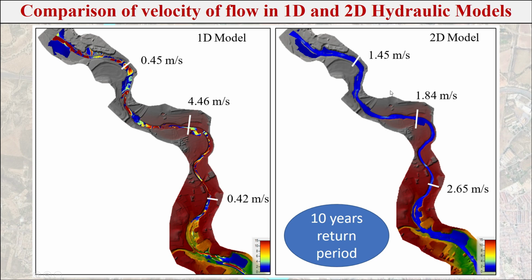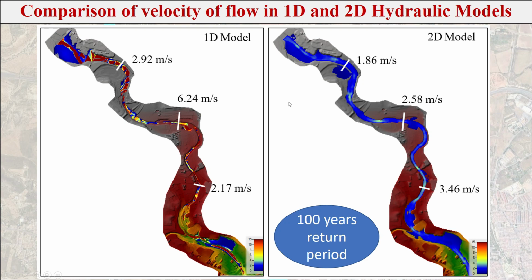Comparatively, at the two ends the velocity of the flow is greater in the 2D model, but at the middle the velocity of the flow in the 1D model is less.